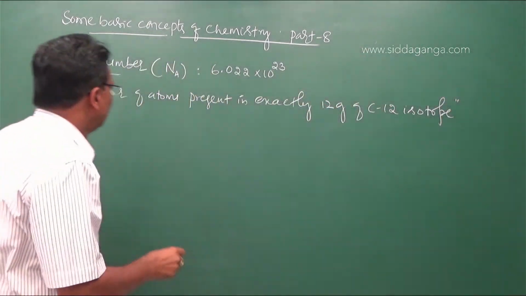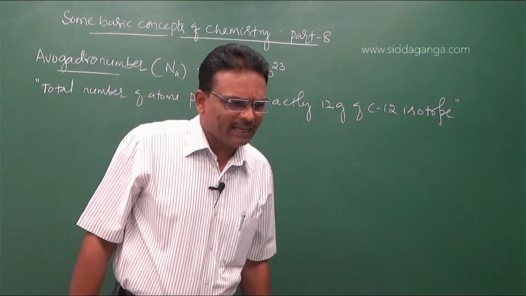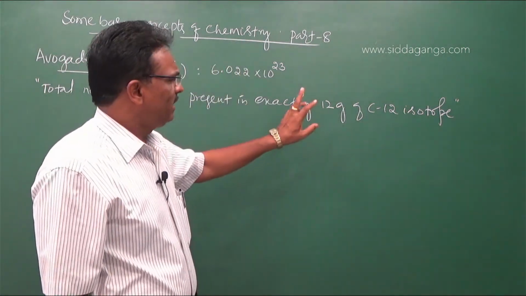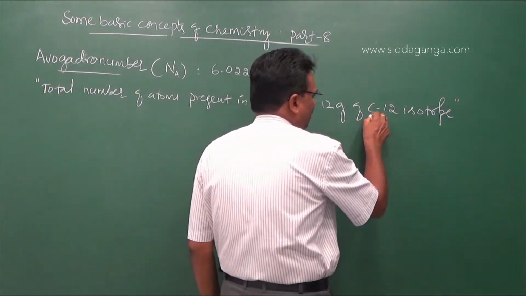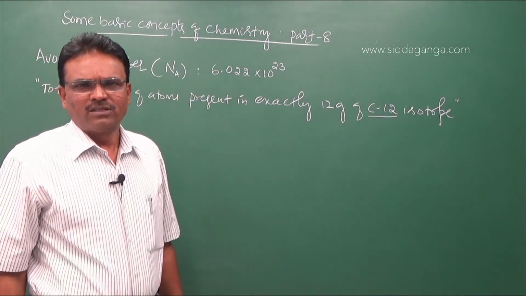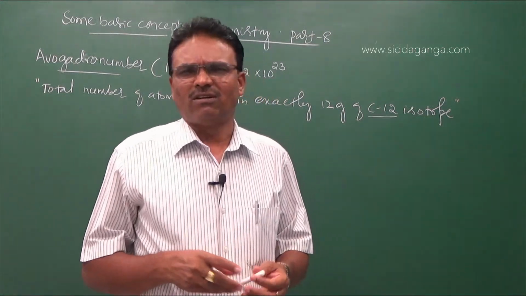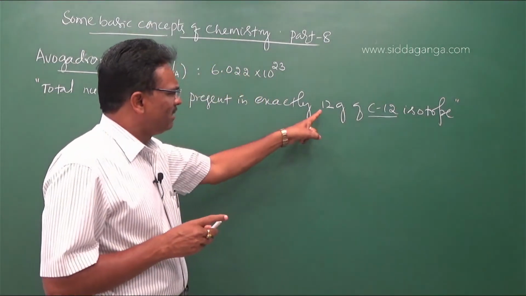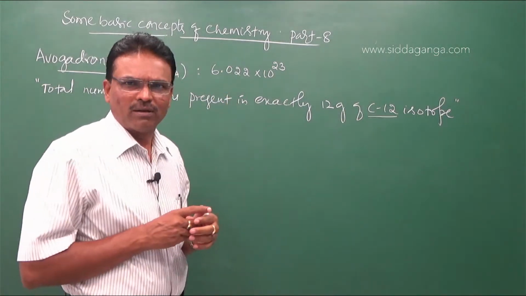Clear? Total number of atoms present in exactly 12 grams of carbon 12 isotope. Here also carbon 12 is used as the standard. So how many atoms which are exactly in 12 gram of carbon 12 isotope, that value is the Avogadro number.